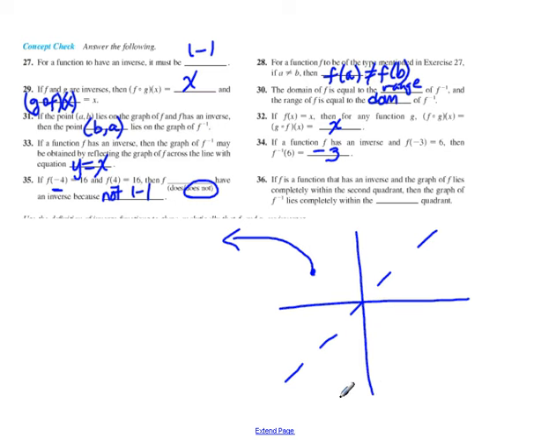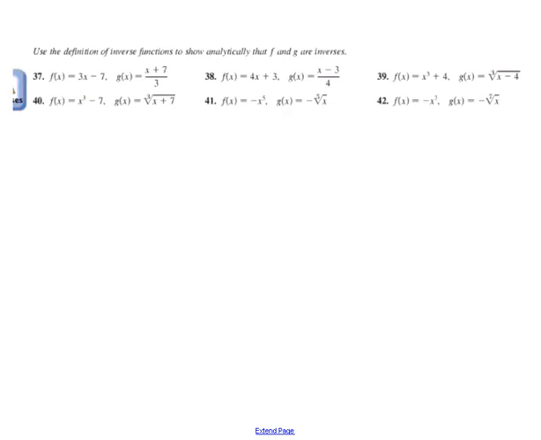Should be completely in the second quadrant. Okay? I'm sorry, I said second. I meant third. Okay. And you can play around with that on the calculator. No biggie if you can't figure that one out right away.